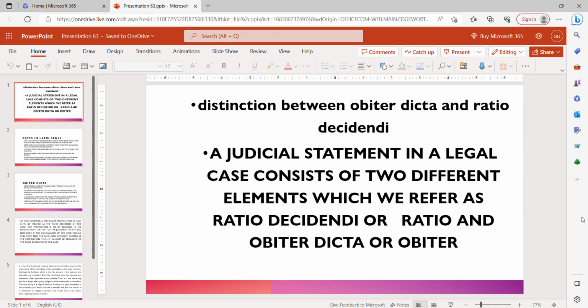Firstly, a judicial statement in a legal case consists of two different elements which we refer to as ratio decidendi, or ratio simply, and obiter dicta, or obiter.